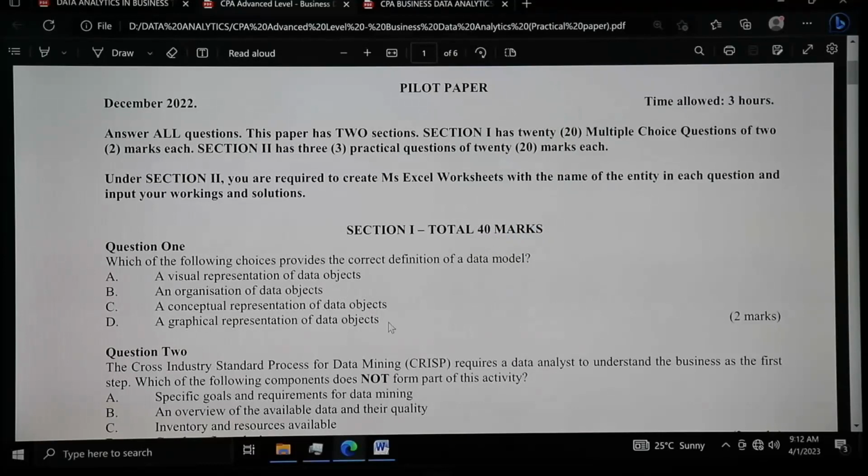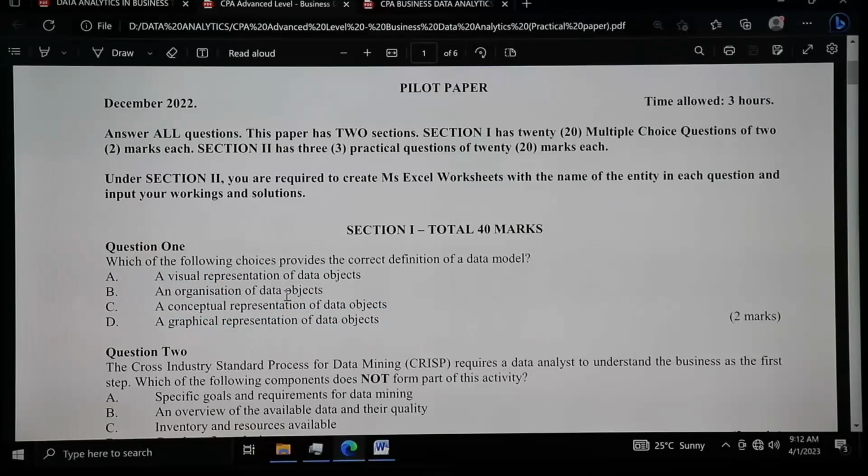So the theory part will be like your savior. If you're able to score more on the theory part, then for the practical part you just need to identify 2 or 3 questions that you are very sure about out of the 5.